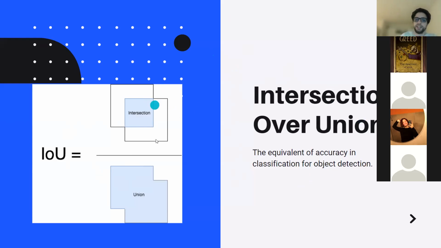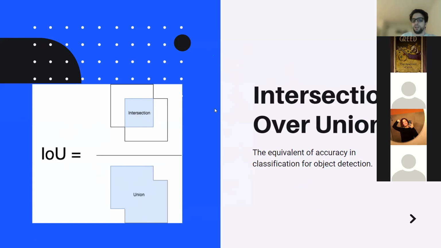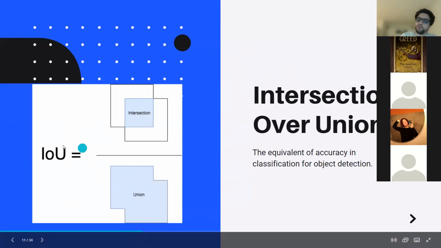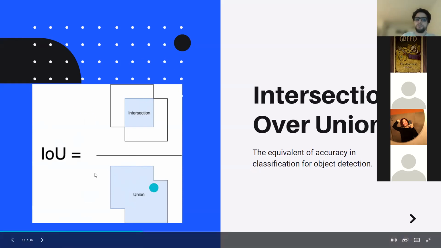Here we can see that it is the intersection divided by the union. The higher the intersection, the better for the similarity, and the lower the union, the better for the similarity. The intersection can never be higher than the union, meaning this value is always between 0 and 1, because they're both positive, and this one is bounded by this one.